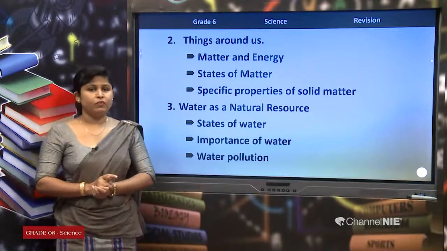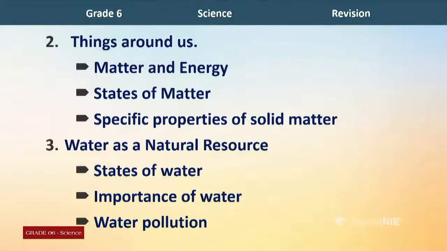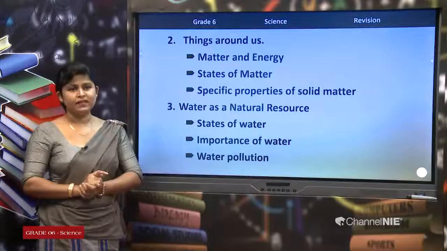The second unit was the things around us, matter and energy, states of matter, specific properties of solid matter. I think you all can remember in this unit we were talking about matter and energy. How did we define matter? Can you remember? Yes, I think.